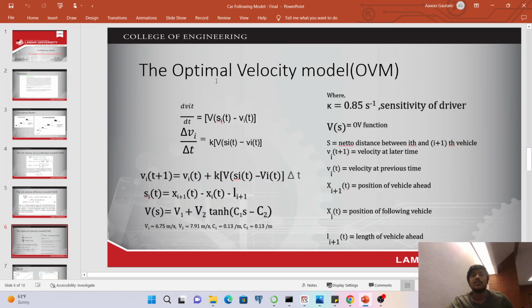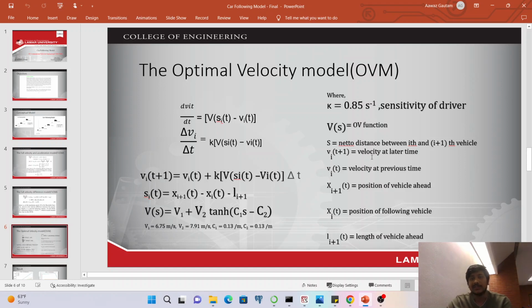This is the optimal velocity model. Here dv by dt, where k is 0.85 per second, the sensitivity of drivers, and Vs is the OV function, as is the distance between the preceding car and the following vehicle.